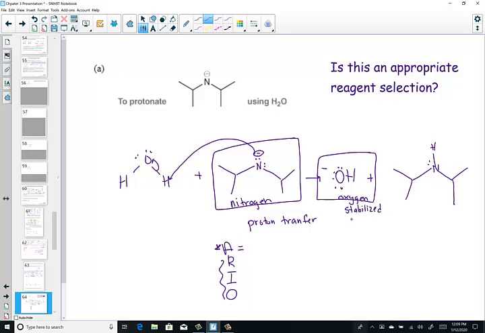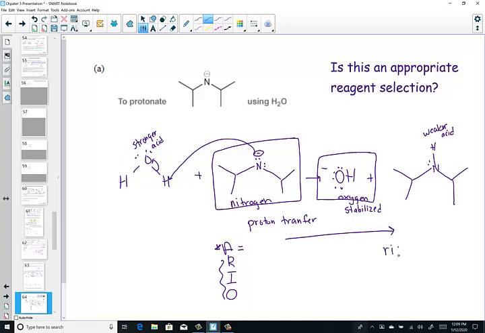And therefore, just thinking about the favoring side, we know that it will favor the more stabilized conjugate base. Think about what I just said. This is the stronger acid because it produces a very stabilized conjugate base, compared to this, which is a weaker acid, and the equilibrium lies on the weaker acid side.